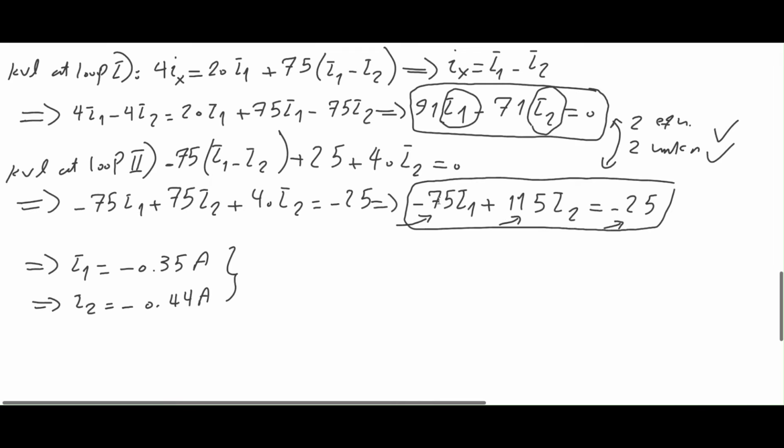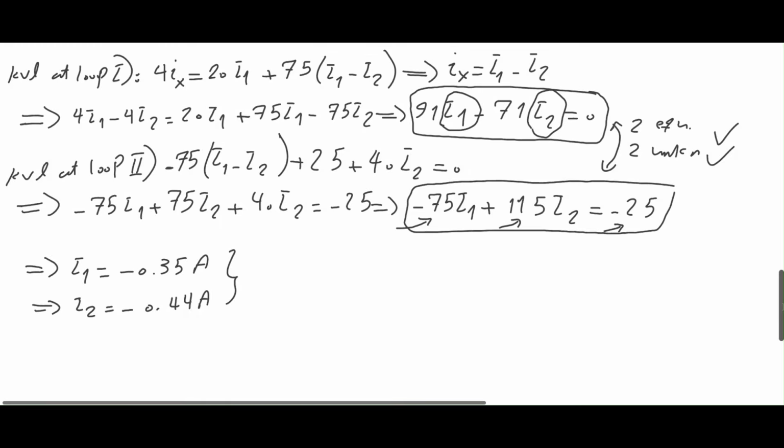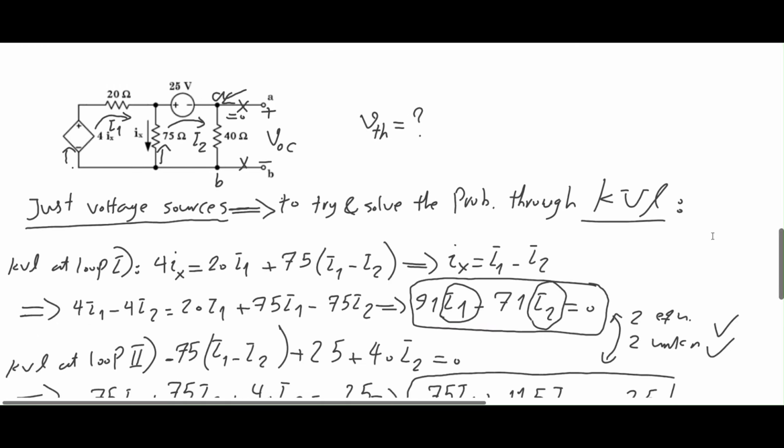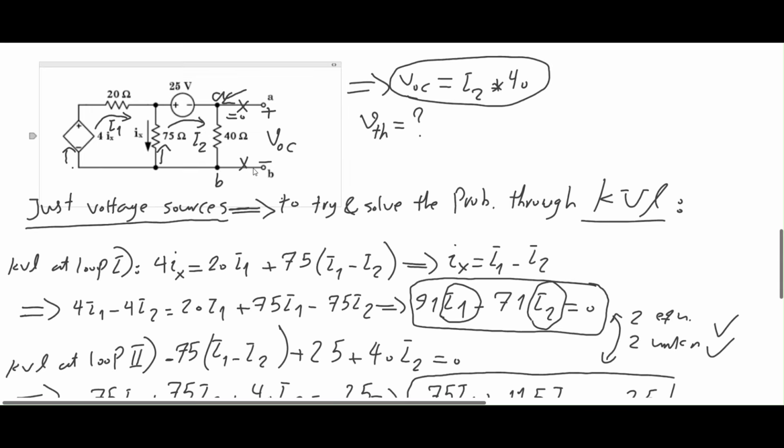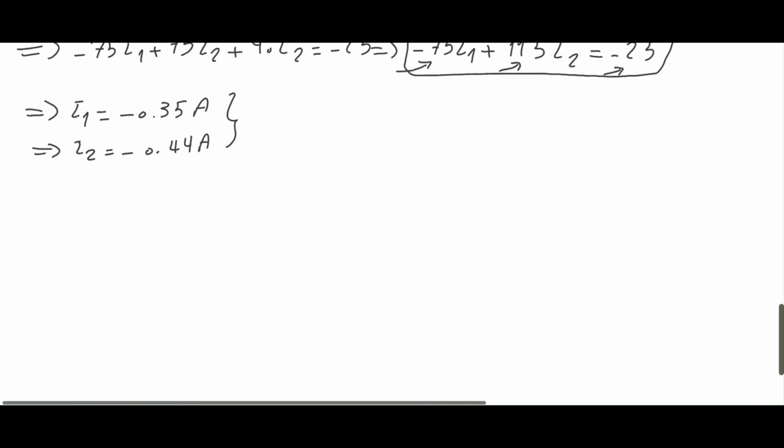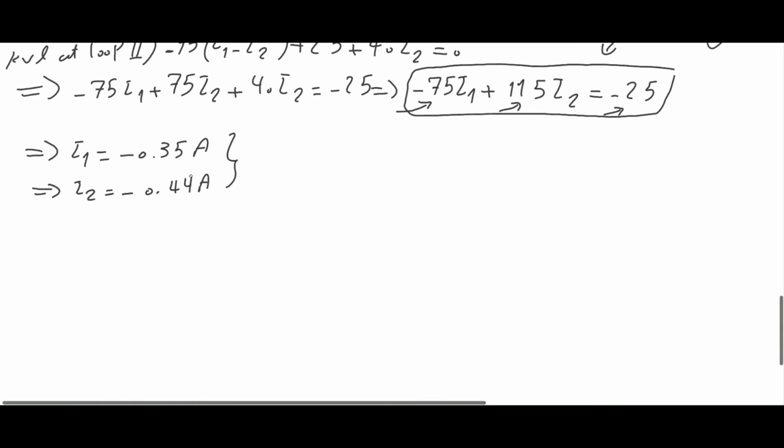And now let's go back and try to find the V of OC over here. So I can see V of OC, which is here, the voltage of AB, is I2 times 40. Am I right? I hope that you guys also approve it. So 40 times I2. So let's go back here. So I2 is minus 0.44.